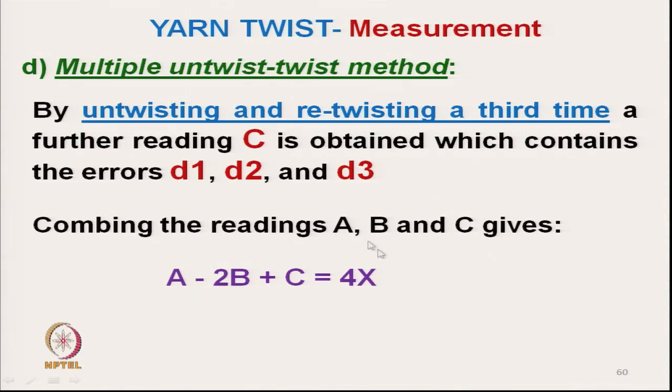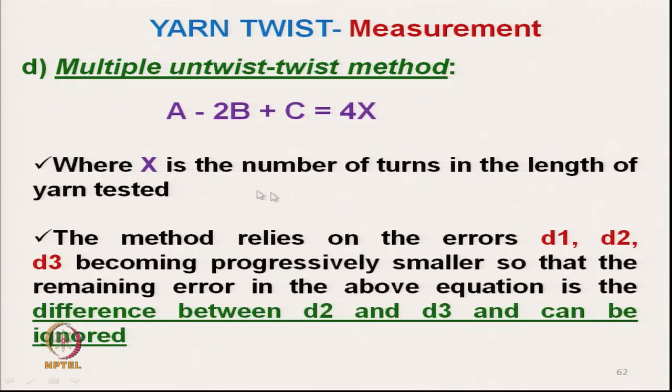The formula is A minus 2B plus C equals 4x, where x is the number of turns in the total length of the yarn. The method relies on the errors D1, D2 and D3 becoming progressively smaller.